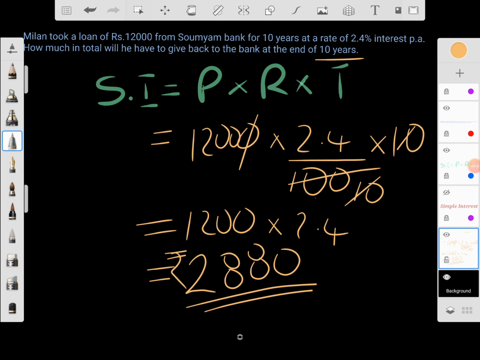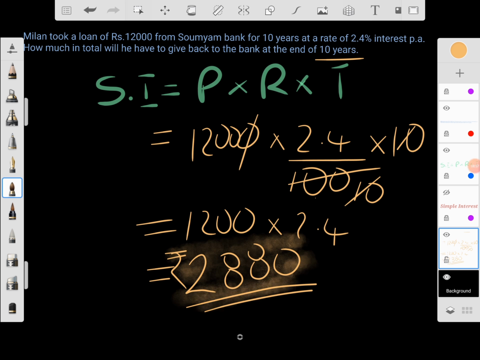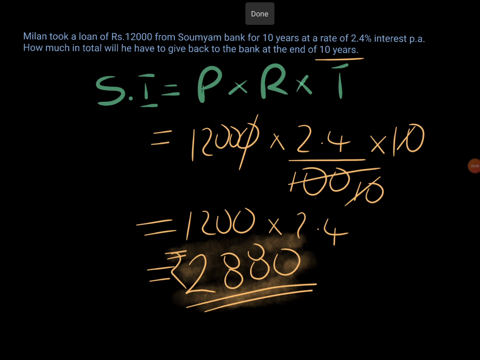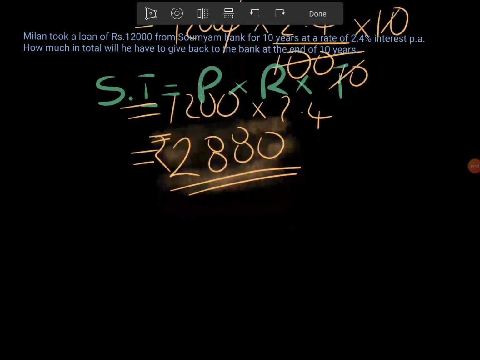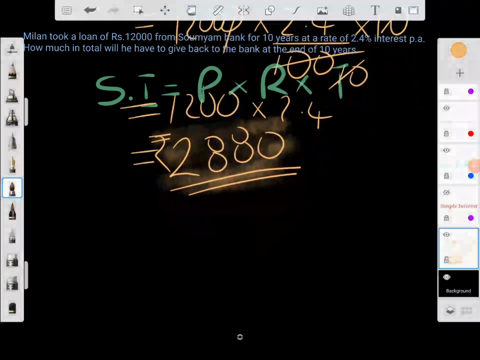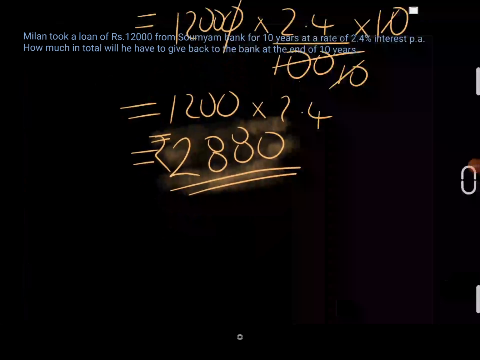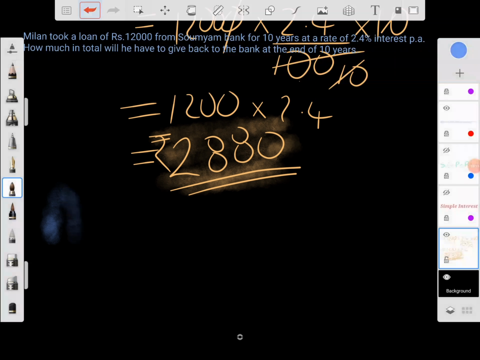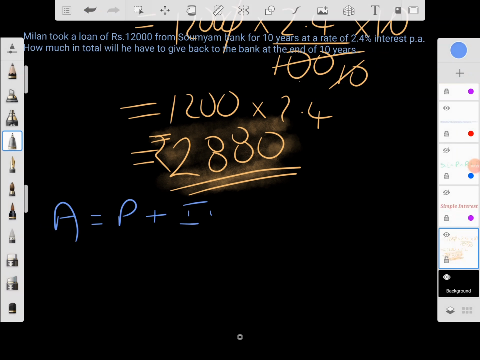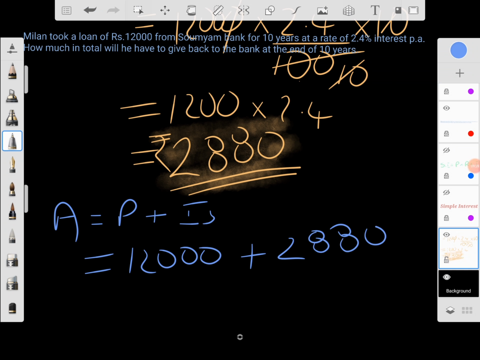So now you know the interest. Since you know what the interest is, you need to add it to the principal. So we know, as we learned before, the amount that we need to pay is principal plus IS, which is principal 12,000 rupees plus interest 2,880 rupees.